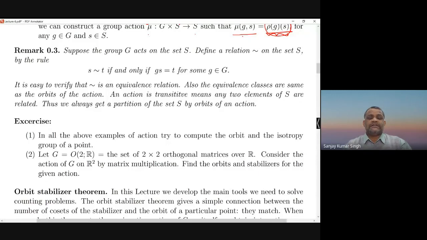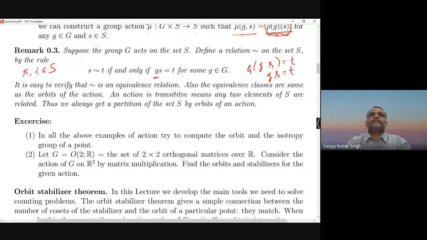And how do I see this? Let us go. Suppose G is a group which is acting on a set S. Now I am defining a relation ~ on S, defined like this: s is related to t, where s and t are elements of the set S, if there exists some g in G such that mu(g, s) equals t, which I write as g s equals t.